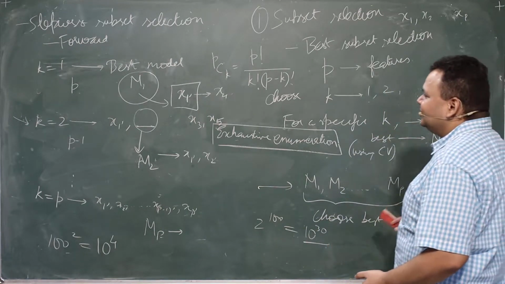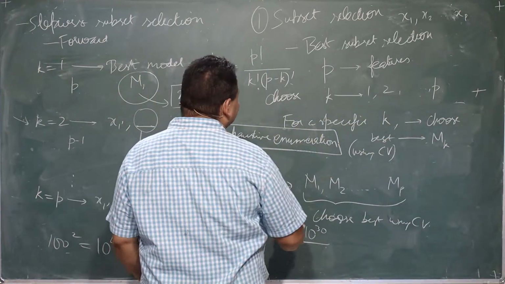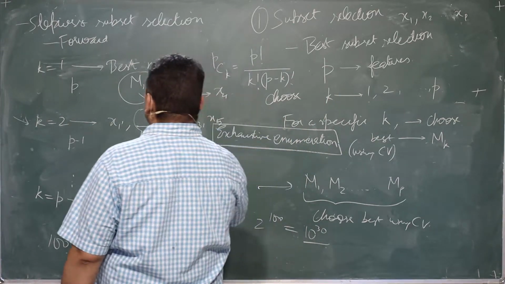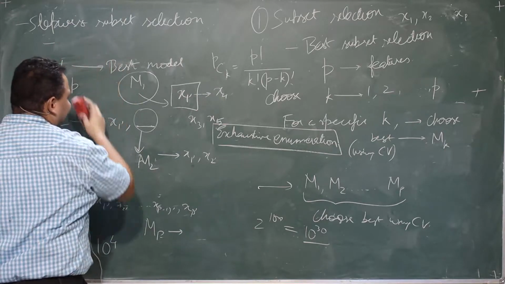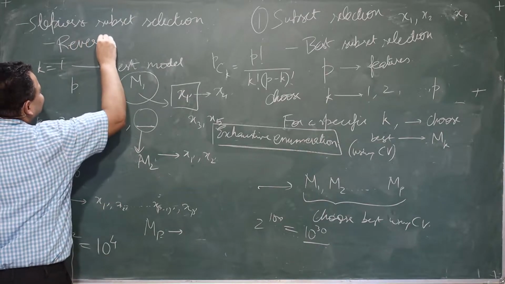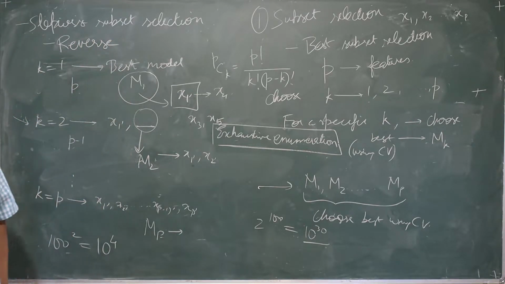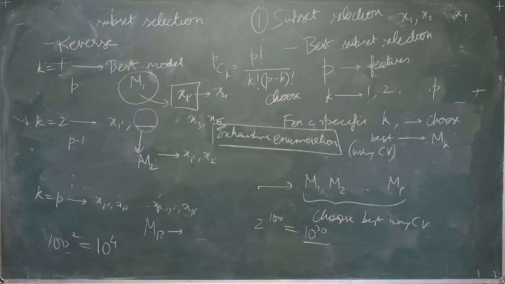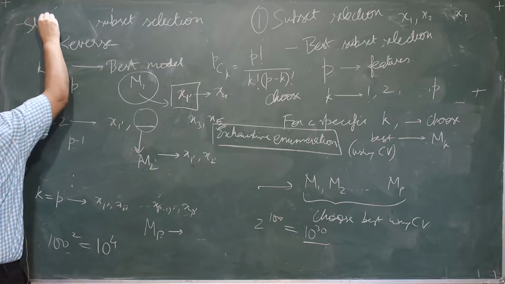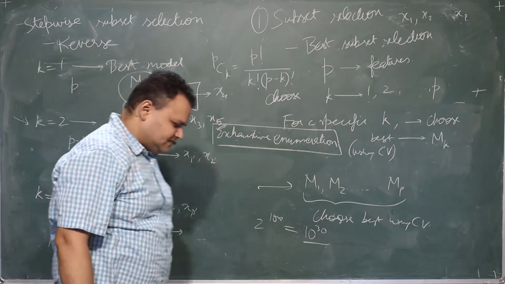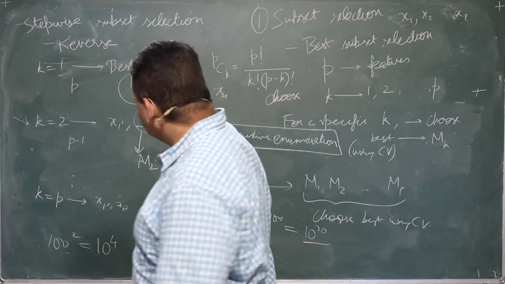So we'll move on to the third one among the subset selection. I'll erase this. Let us talk about reverse. सर, सबसेट सिलेक्शन के पहले स्टेपवाइज़ लिखा गया है. ठीक है.